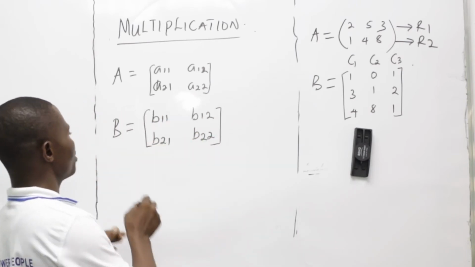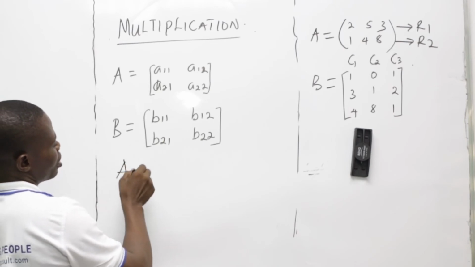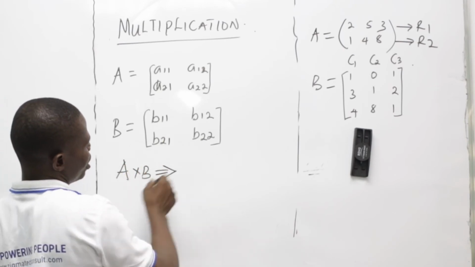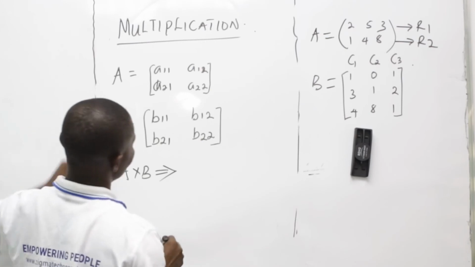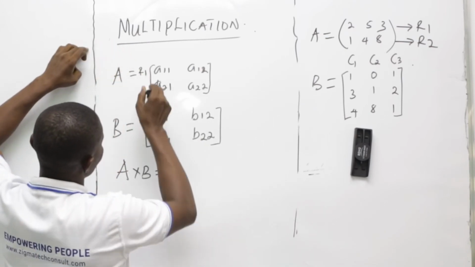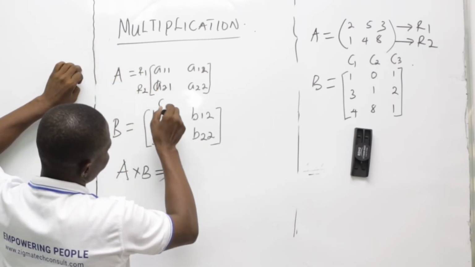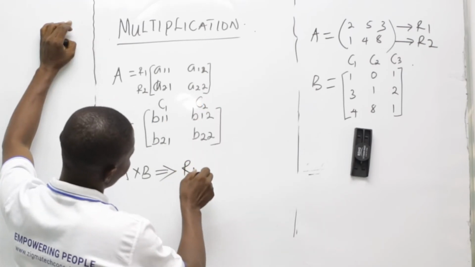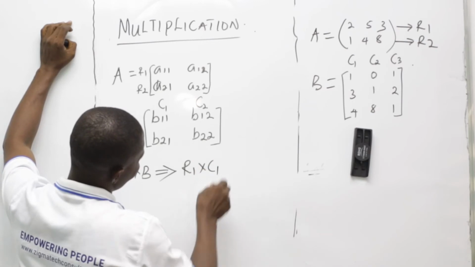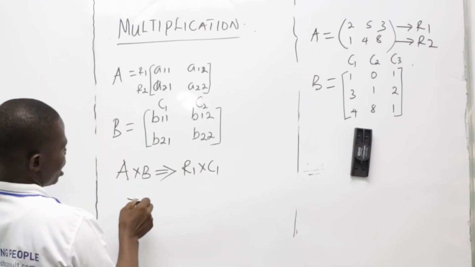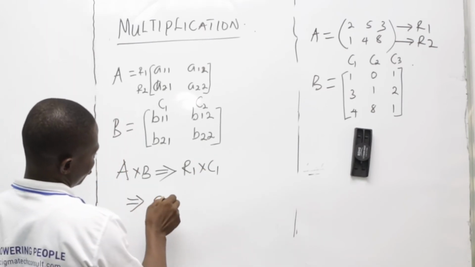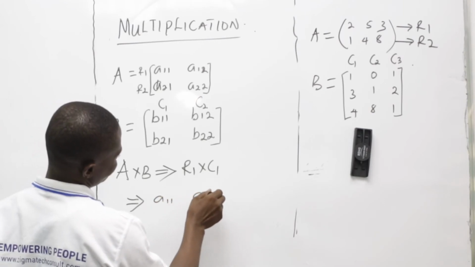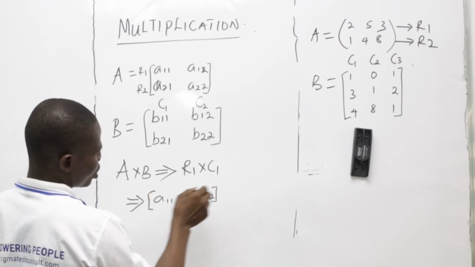To multiply matrix A times B will imply this: row 1, row 2, column 1, column 2. That is, row 1 times column 1 implies that A11, A12 is going to give us what?